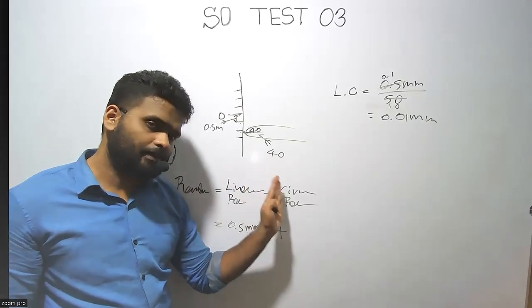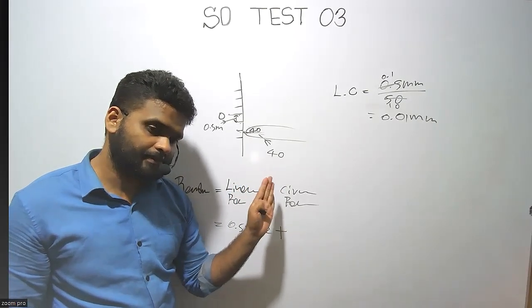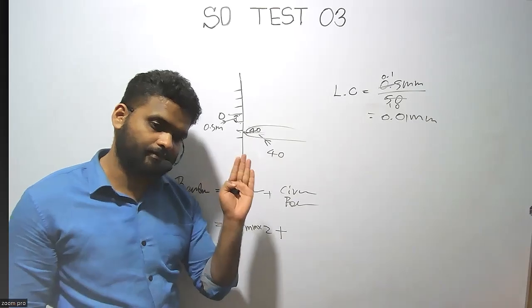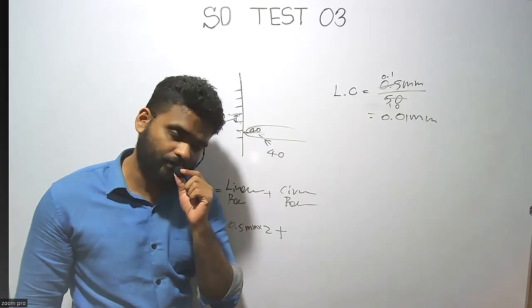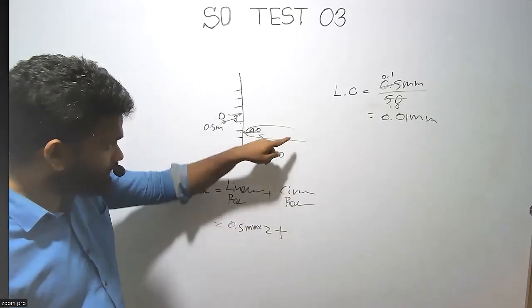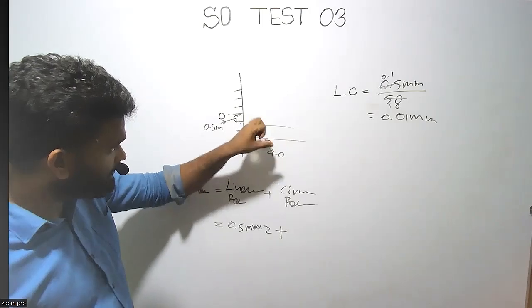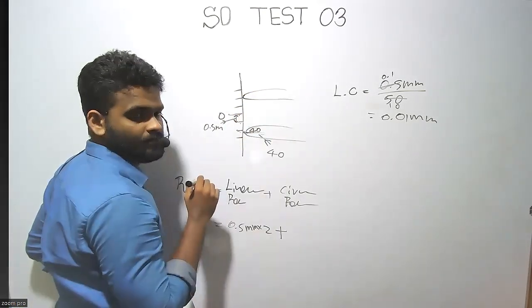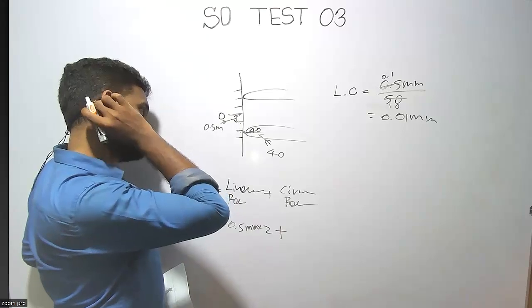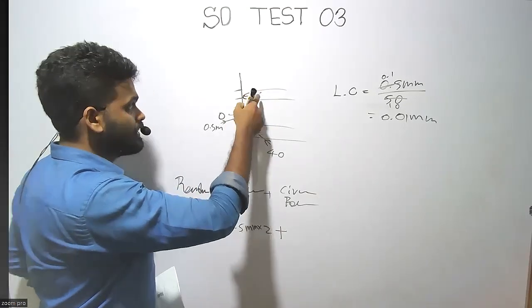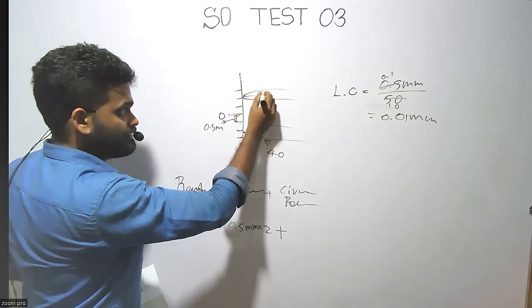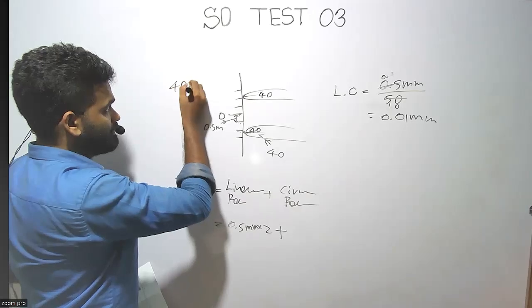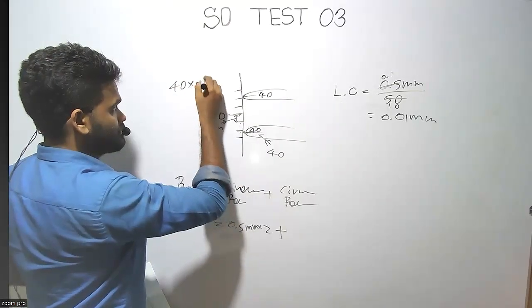Think about the circular reading like this, right? This is special for the spherometer. If this circular reading is above 0, and let's say 40, to get the circular reading, what do you have to do? Just multiply 40 by the least count.